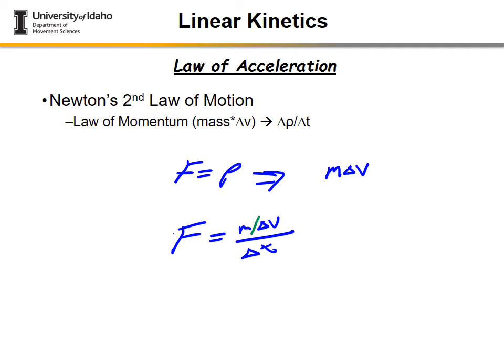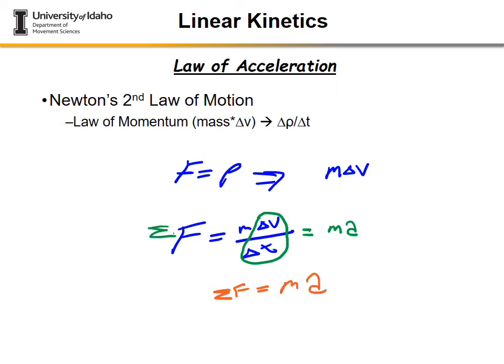And so if I take this portion, F equals momentum over time, or the rate of change of momentum, and take it further, it now becomes mass times acceleration, right? So the sum of the forces causes the mass to change motion.